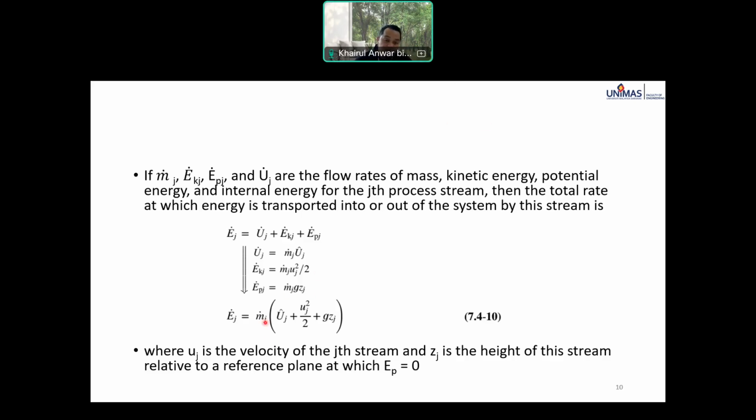The first U is internal energy, the second u is the velocity.